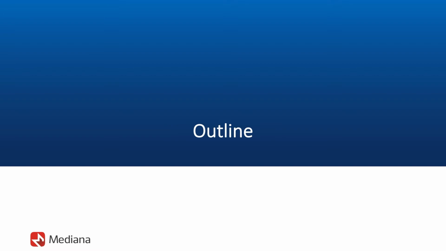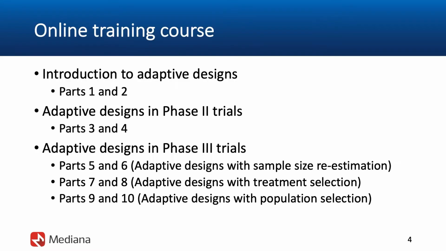I'm going to begin with a general outline. This and the next several slides provide a general overview of the topics that will be covered in this online training program. Roughly speaking, the 10 parts or 10 videos included in this training program can be split by topic as shown on the slide. We'll begin with two parts that provide a general introduction to adaptive designs.